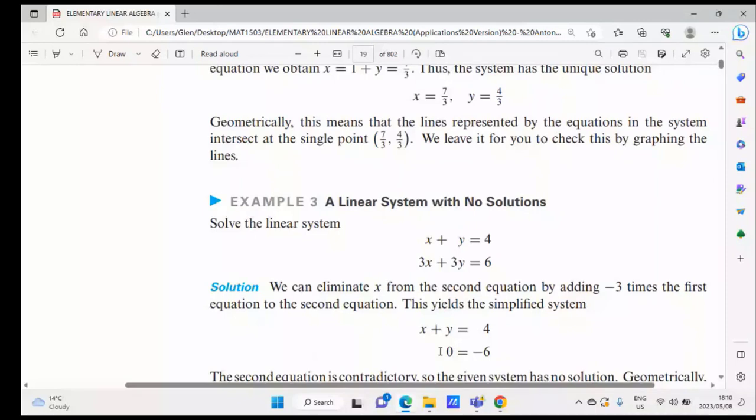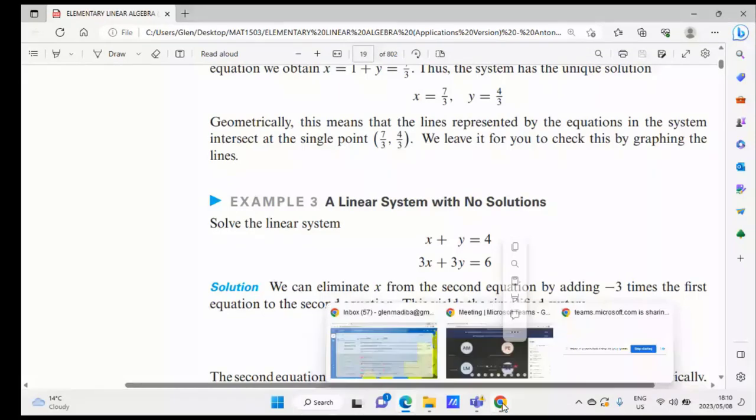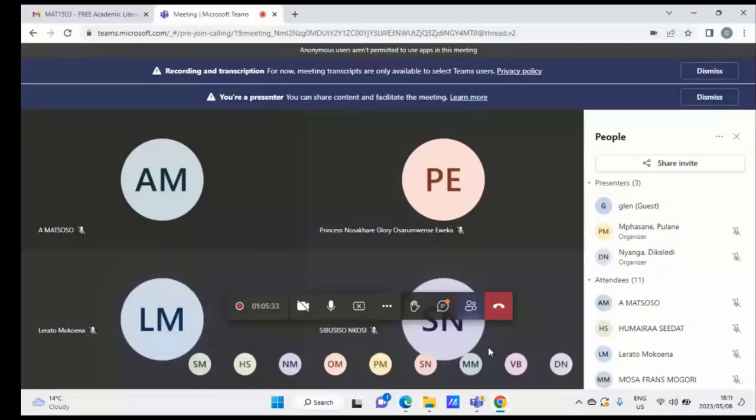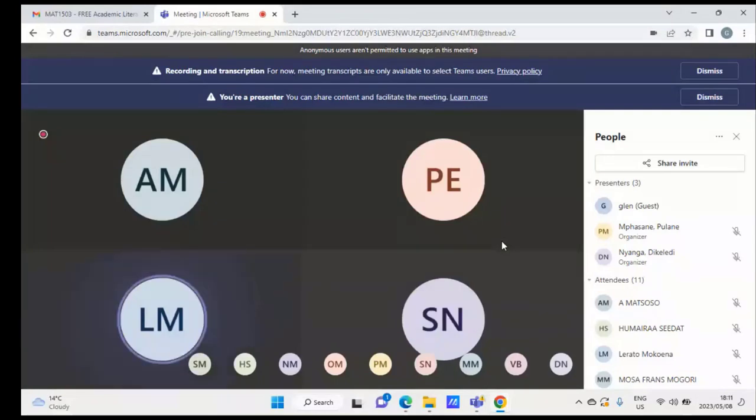Are we clear? Yes, sir. Now, let's go to our system that we just solved. We look at the last row of our matrix.